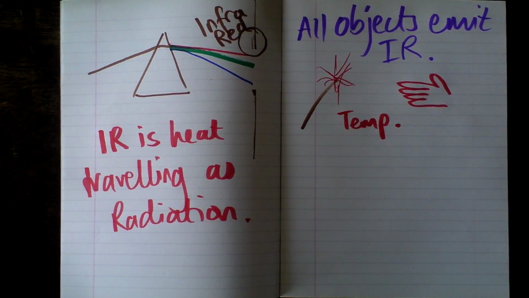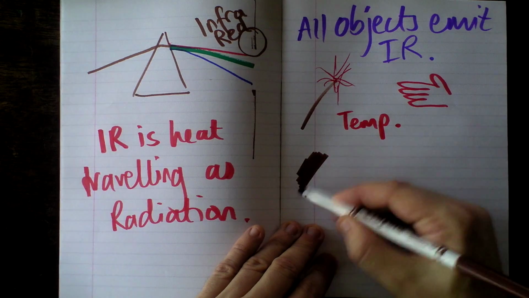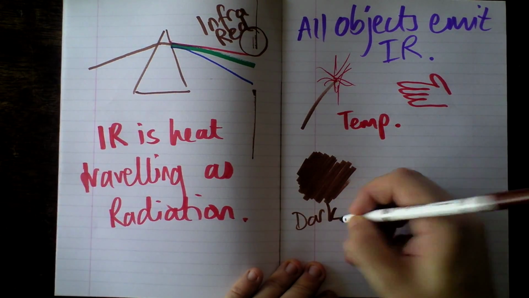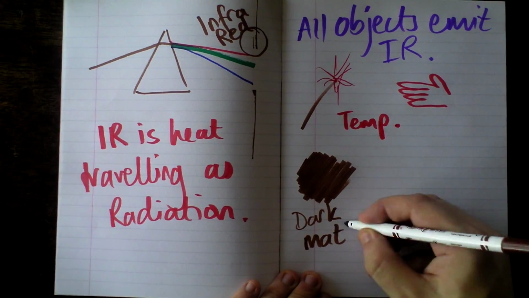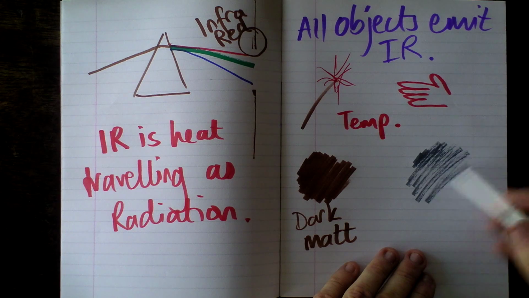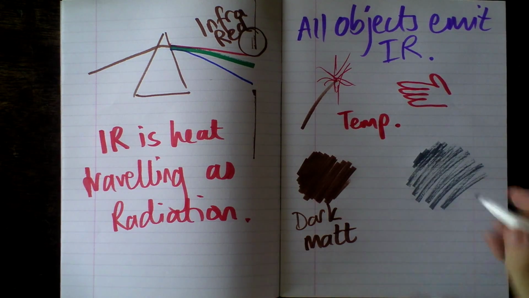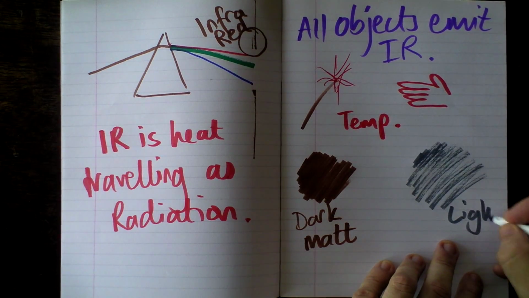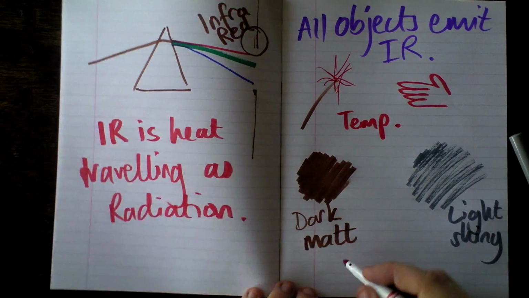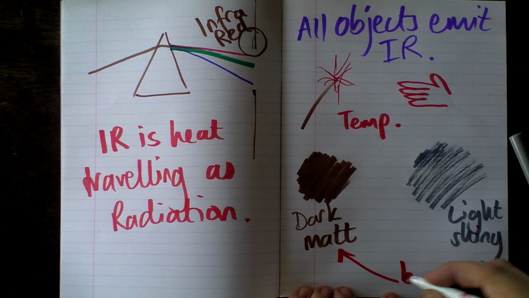They also emit different amounts of infrared depending on what colour they are. If you imagine I have 2 surfaces, I have one that is really, really dark and really matte, so dull, not at all shiny, and I have another surface that's really, really light and really shiny, then you will find that this surface is a better emitter of infrared.